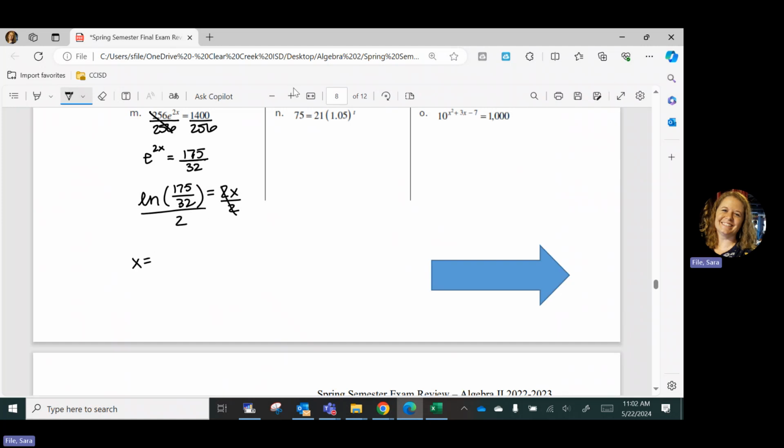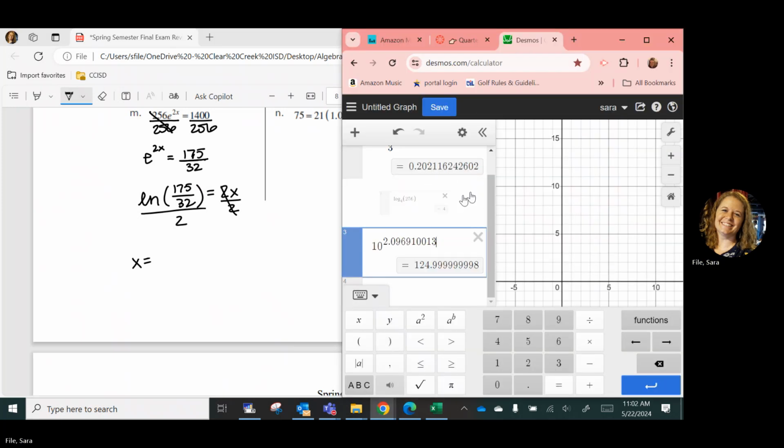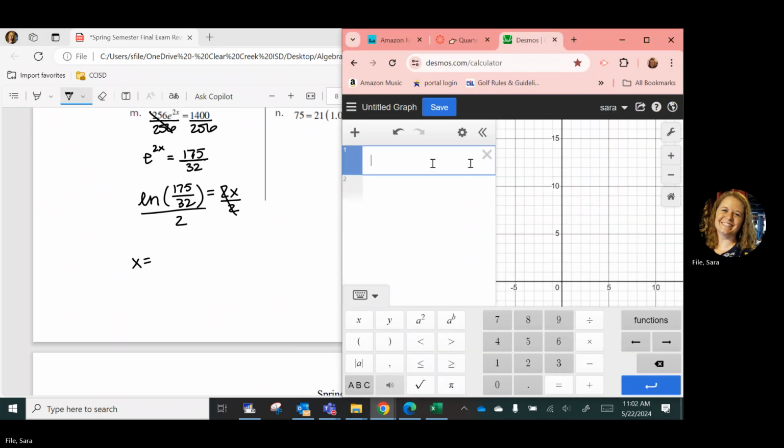Then in Desmos, I am finding the natural log of 175 over 32 divided by 2. And this is my answer, approximately 0.85.